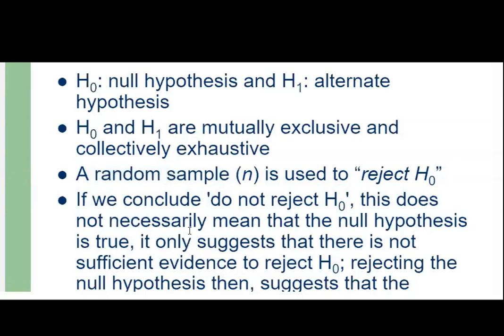If for any reason the p-value is not less than 0.05, and as a result we can't reject H0, then when we say do not reject H0, it means we are not actually accepting H0. Why is that?